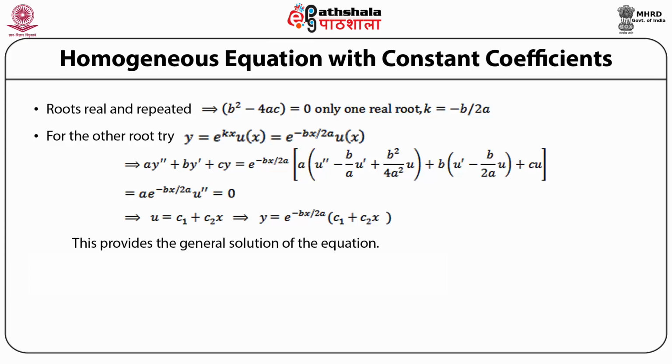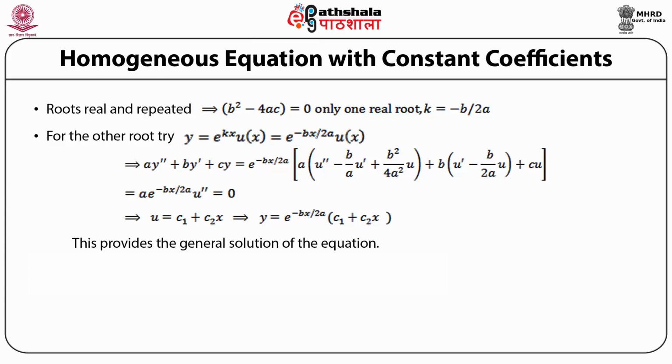Then within the brackets we have a multiplied by u double prime minus b by a u prime plus b square by 4a square u plus b multiplied by u prime minus b by 2a of u plus c times u, brackets close, is equal to a times e raised to power minus bx by 2a multiplied by u double prime is equal to 0.